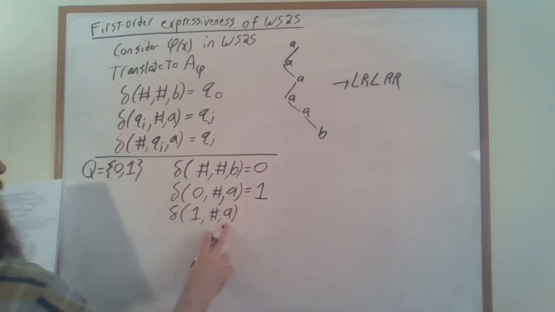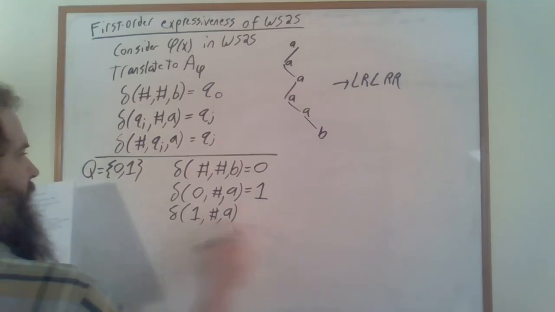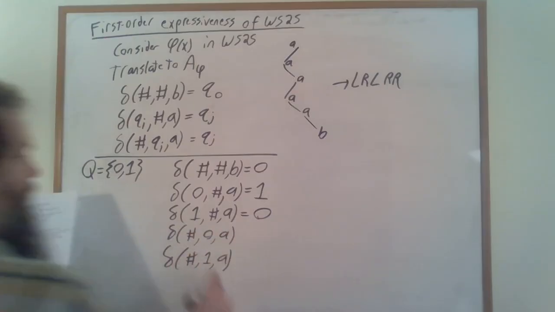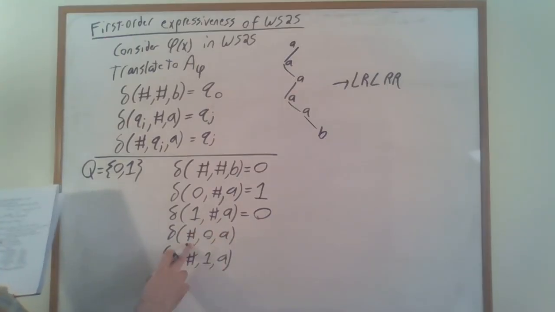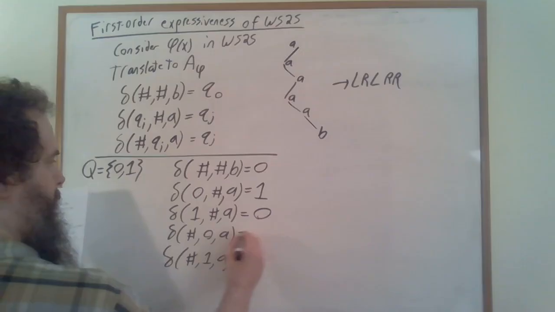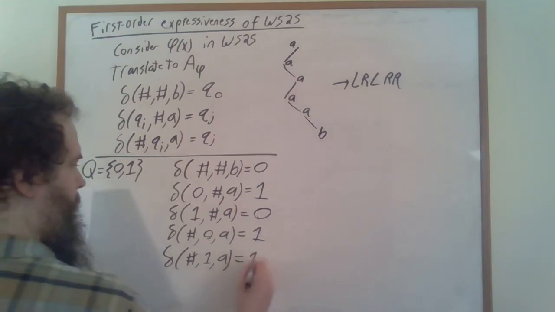If we have a node labeled A that has a left child in state 1 and no right child, we give it state 0. If we have a node labeled A that has no left child and the right child gets state 0, let's give it state 1. And actually, if the right child has state 1, we'll also give it state 1.